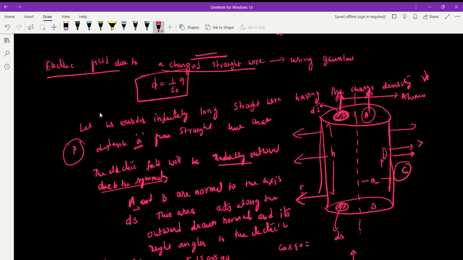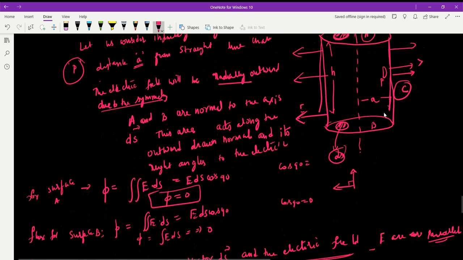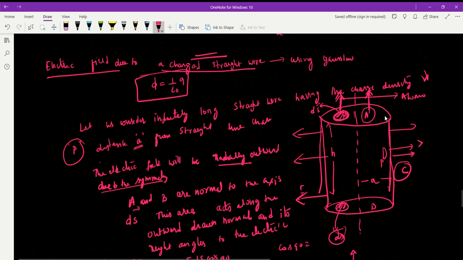Then we construct a Gaussian surface, consider a small surface ds, and consider the electric flux going out at surface A, surface B and surface C. Because at surfaces A and B, E and ds are perpendicular to each other, the flux due to surface A and surface B will be 0.